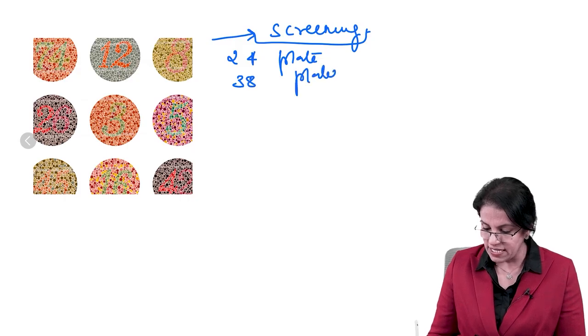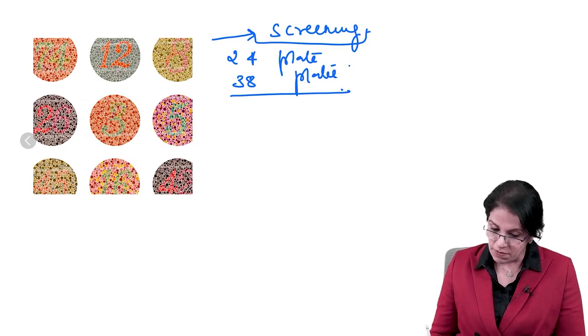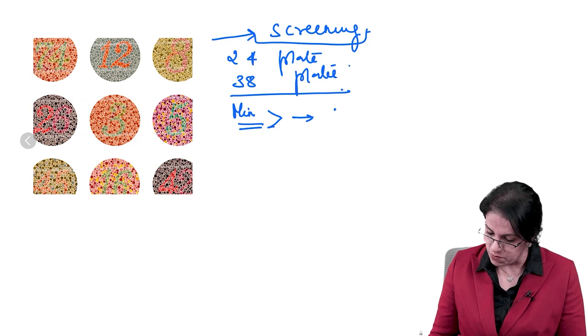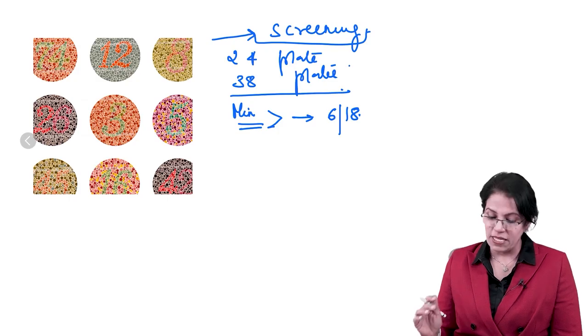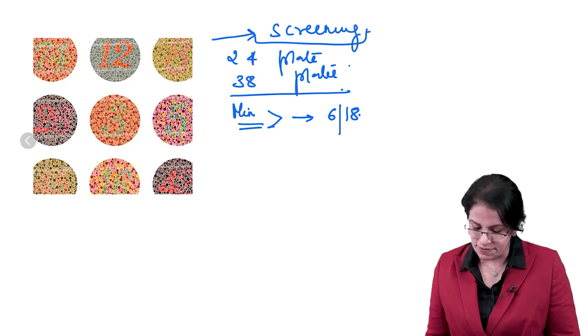The patient is asked to read the numbers on the plates. The minimum visual acuity required is 6/18. The patient should have better than 6/18 vision for this to be a reliable mode of screening.